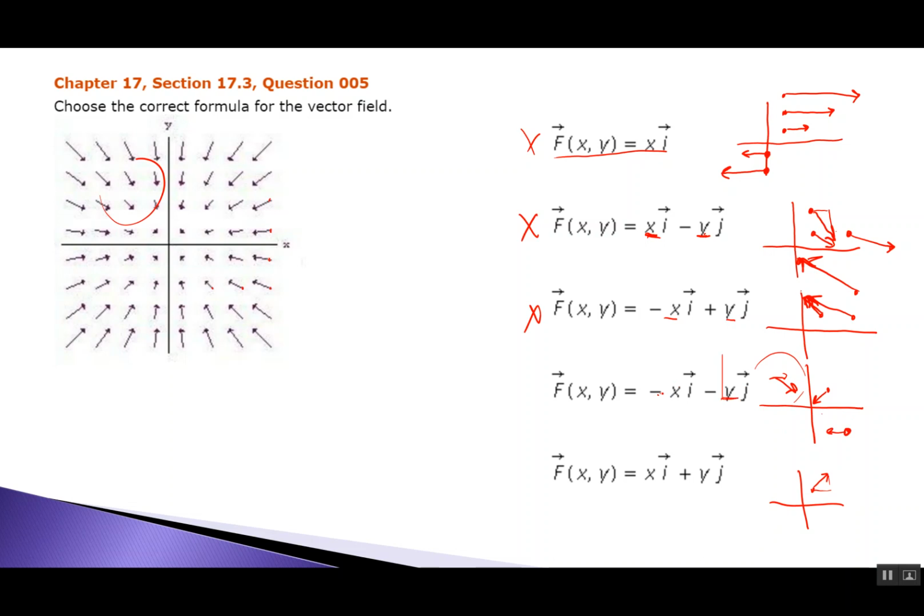My y is already a negative, so making that negative a negative will make it a positive, so it'll point in. And if I'm in the third quadrant over here, my x is negative, so making that negative a negative will make it a positive, so it'll go in the positive direction. My y is negative, so it's pointing down, so making that negative a negative will make it point up, so it'll point in. It's this one. I'm so sorry about that.